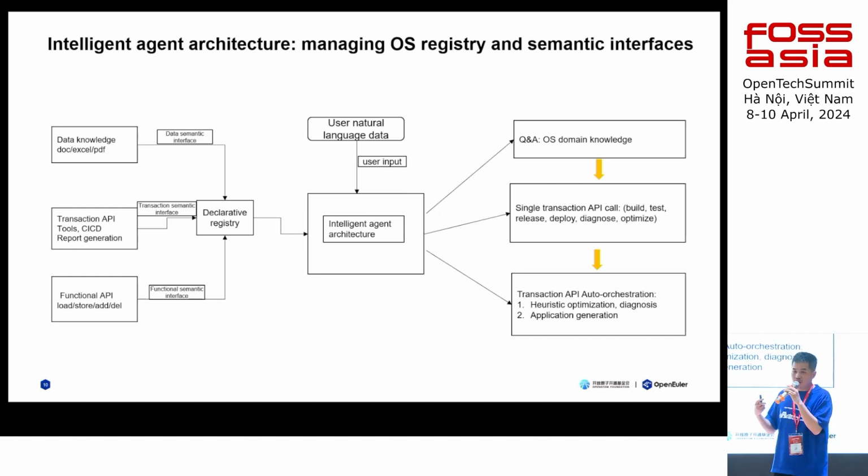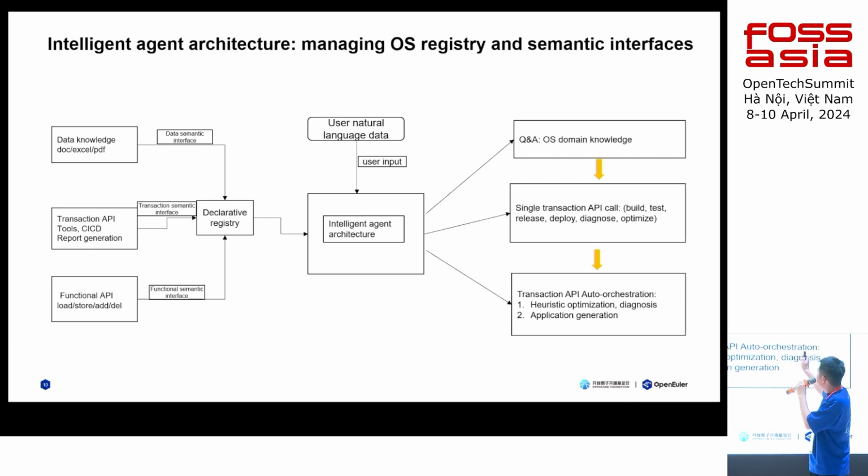As you know, we are an OS community. So we plan to use the declarative registry in the OS to integrate the data knowledge, the transaction API and the function API into our registry, and our EulerCopilot can load it.